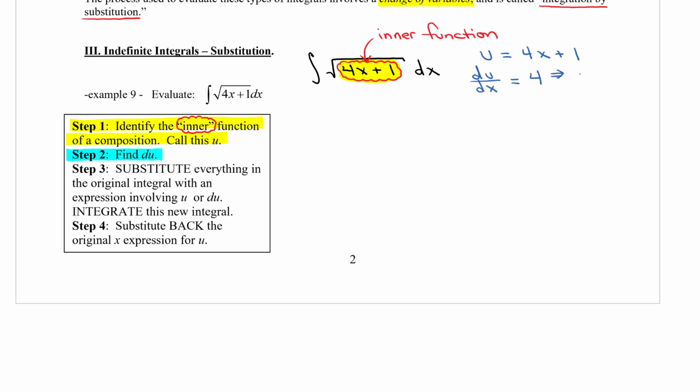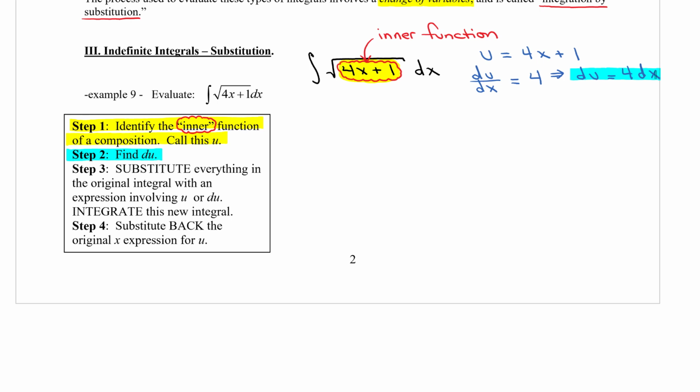Because the derivative of 4x plus 1 is just 4. I'm going to draw a little arrow here to the side, and I'm going to write this as du is equal to 4 dx, because we can rewrite it that way. Now that we rewrote the du here, I'm ready for highlighting du equals 4 dx. That's very important that we know what that is. And now we're ready to move on to step 3.